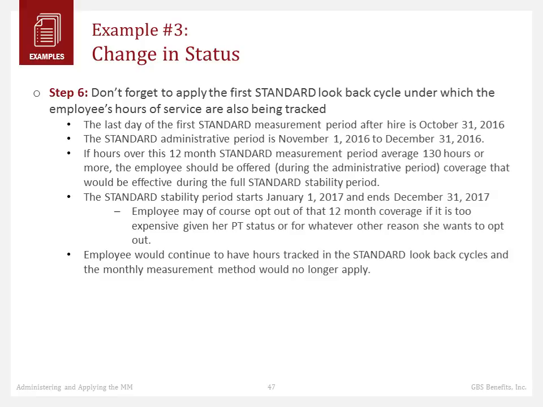If the average is 130 hours or more, then she needs to be put back on coverage for that one stability period, that full 12 months, and then she would be taken off again, assuming that she continues to be part-time. Now, the employee can, of course, opt to not take that coverage, and that's likely what she will do.